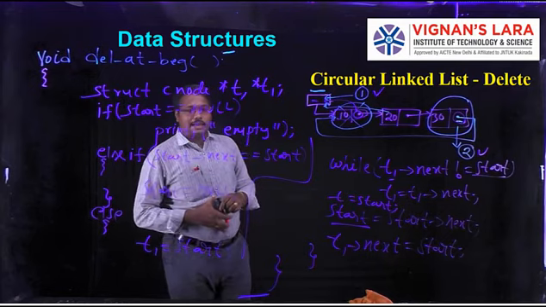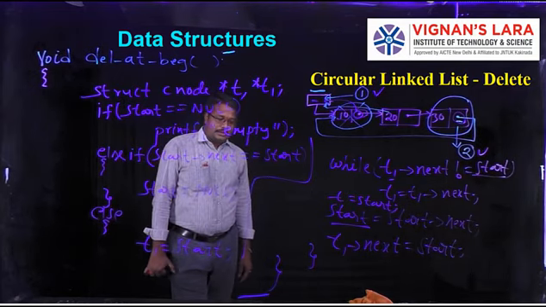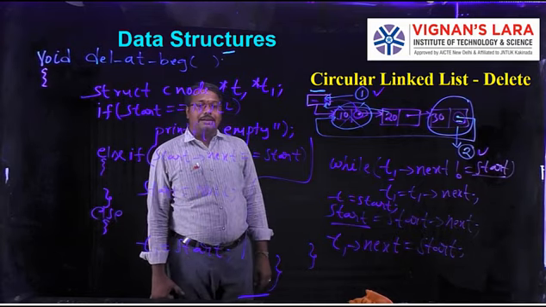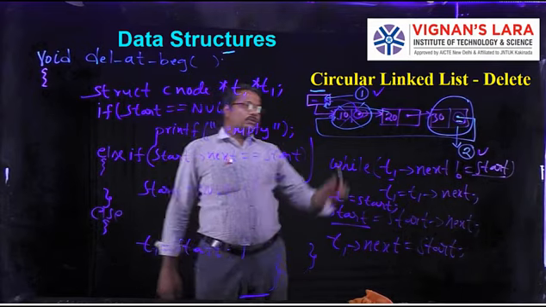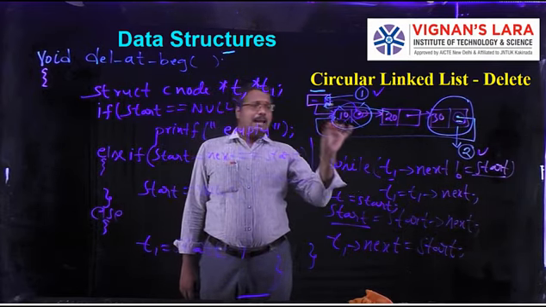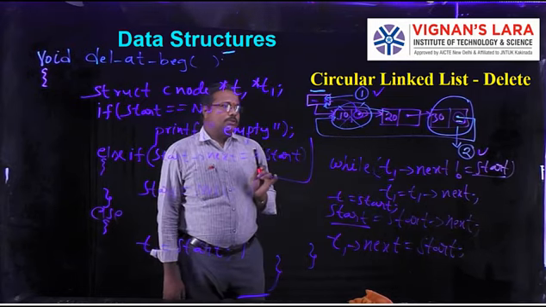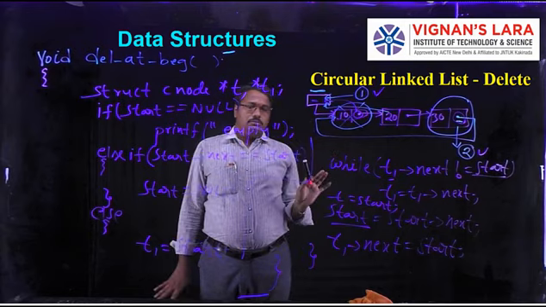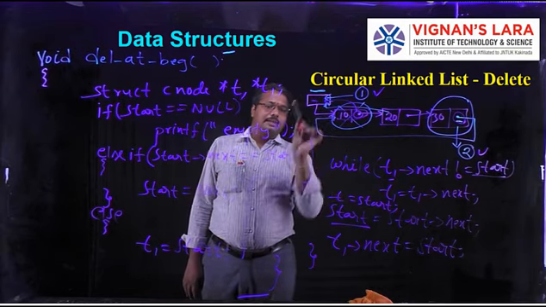So this is the case of circular linked list. In a circular linked list, how we performed delete operation, I am repeating once again. So this is a circular linked list sample pattern. In this sample pattern, I want to delete the 10th node. So for deleting the 10th node, first the 10th node address is here.